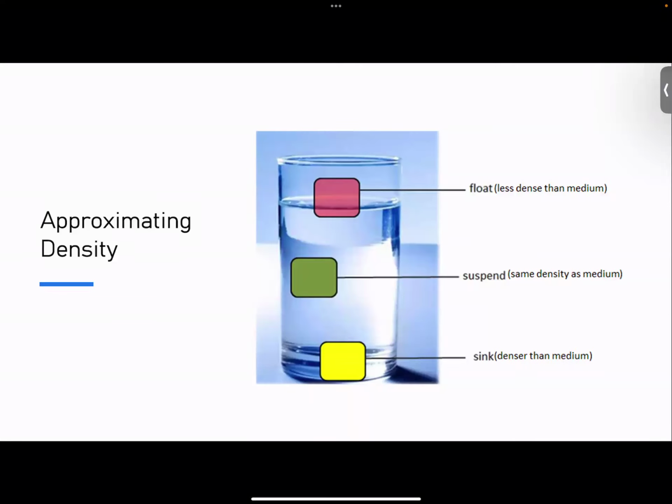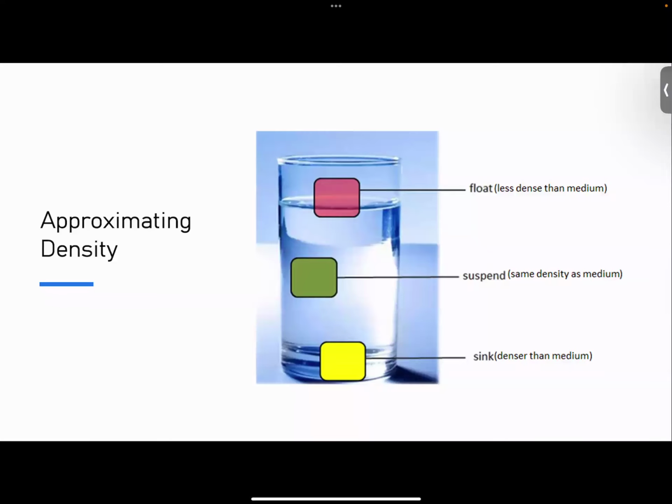Next, one of the things you will be doing is identifying the type of polymer or plastic that some objects are made out of by their density. And the way we're going to do that is we're going to set up a series of liquids with differing densities.